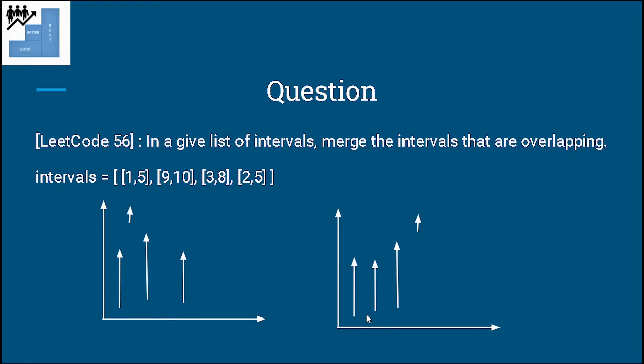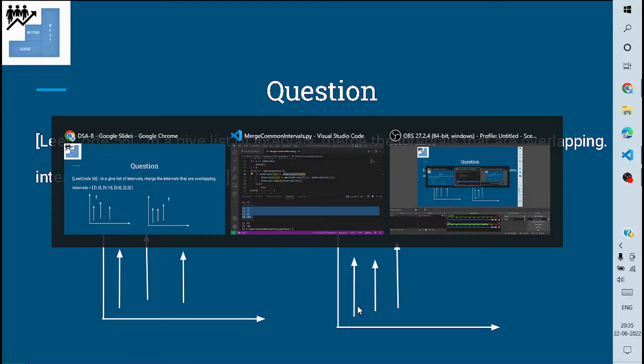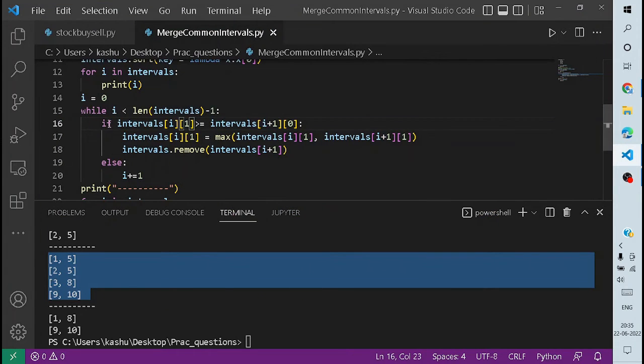So for the merged interval, the lower limit would be the limit of this interval only, but the upper limit would be the maximum of these two intervals. If there is an overlap, then the upper limit of the current interval becomes the maximum of the upper limit of the current interval and the upper limit of the next interval. And once I do that, I remove the next interval because that has been merged.